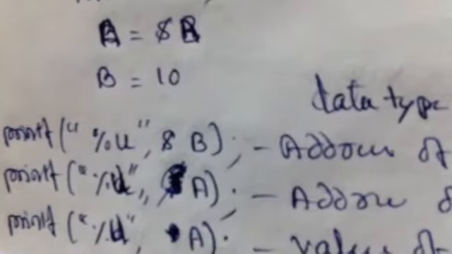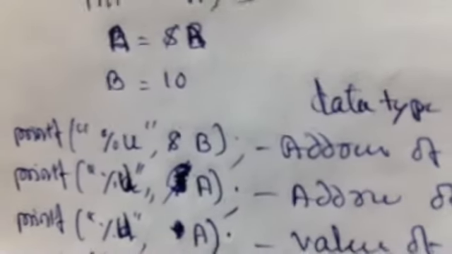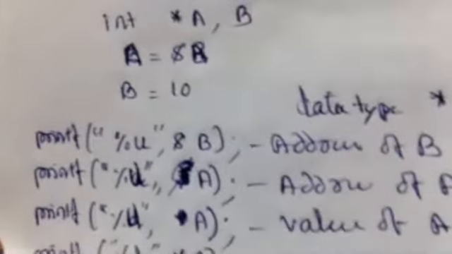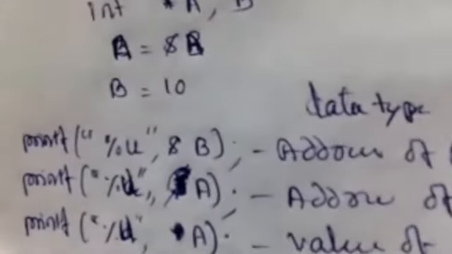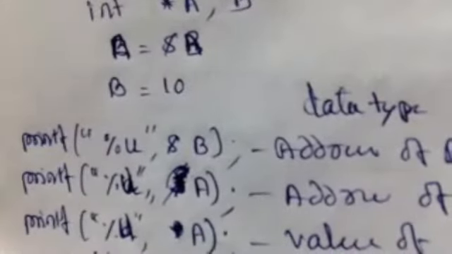Done, sir. Done? Yes, sir. The first one is printf percentage U, then ampersand B. So now we got one more parameter.